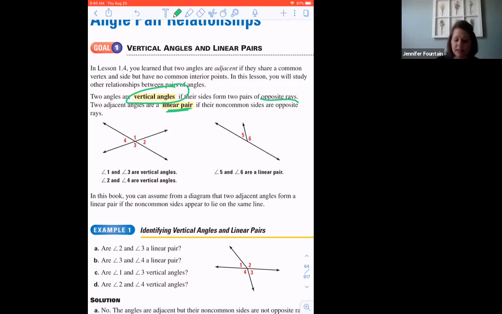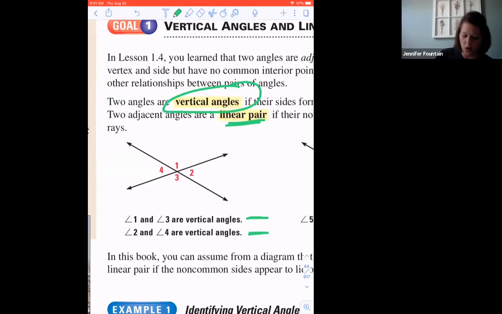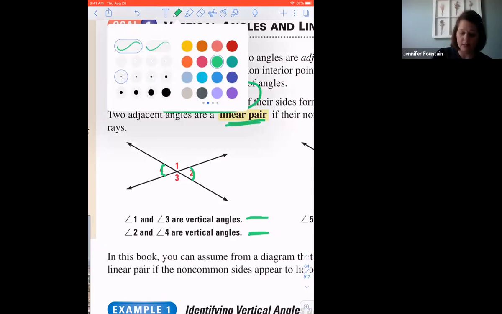Okay, so let's take a look at this. We talked about where the V's touch, so we found that 1 and 3 are vertical angles, and we found that 2 and 4 are vertical angles. So in this situation, remember how we used our little arcs to show measurements? If I had that drawn as my little arcs, I can see that 2 and 4 are equal, right?